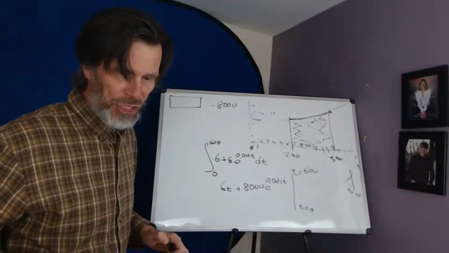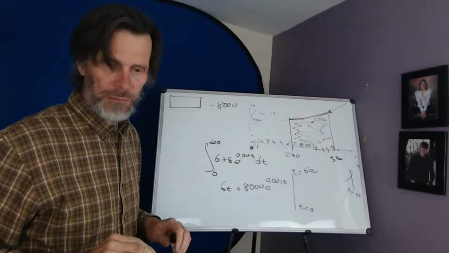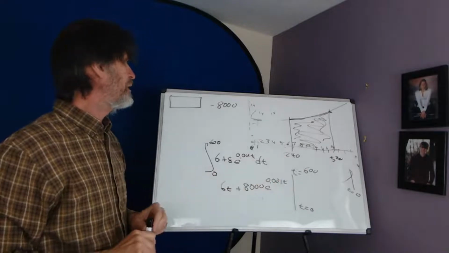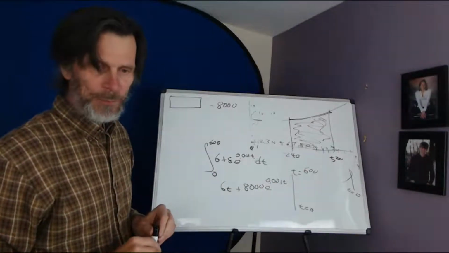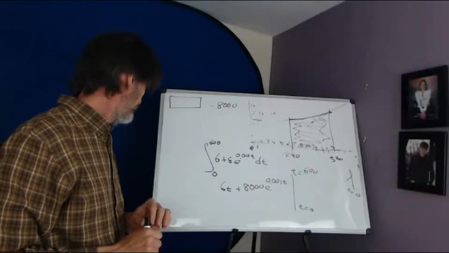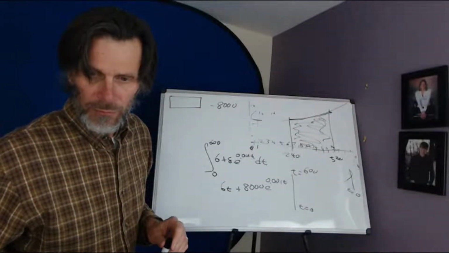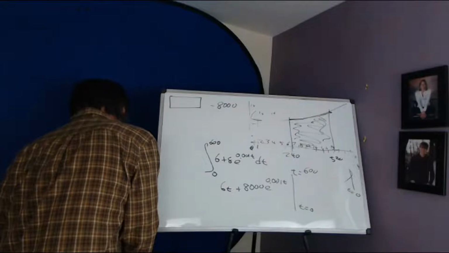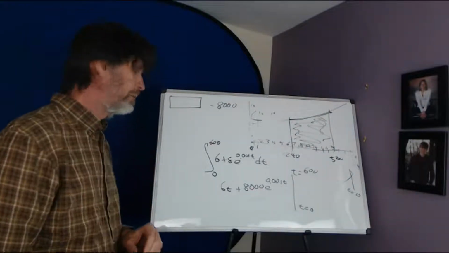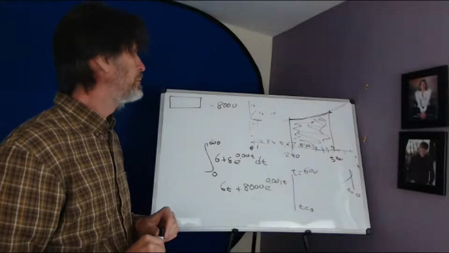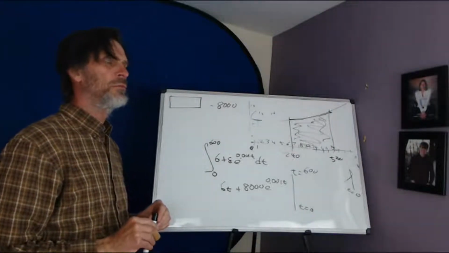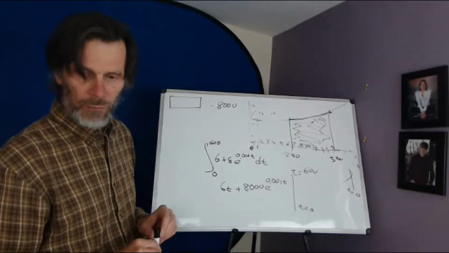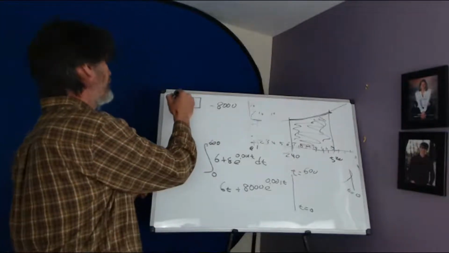So we're working on part G now. What do I get when I plug in 600 for my upper limit? $18,176, okay.